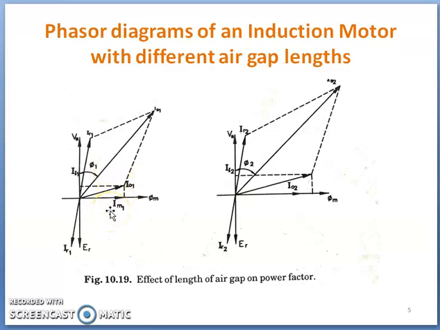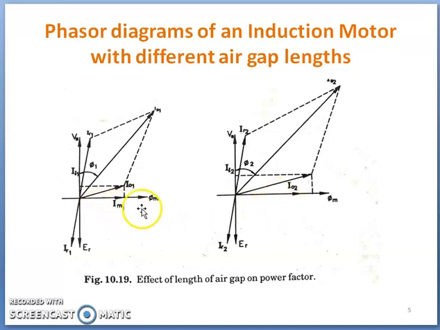Case 1 shows value of magnetizing current drawn by machine, that is Im1 is less than Im2. This phasor diagram is for machine having smaller air gap length, and this phasor diagram is for machine having higher or larger length of air gap.